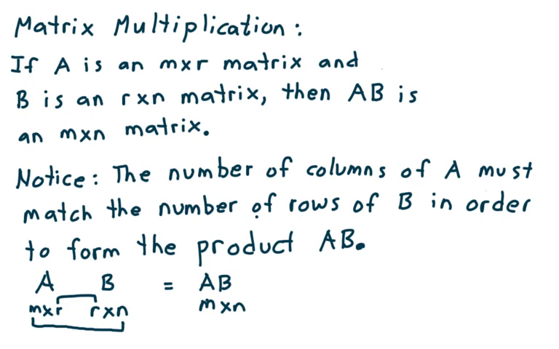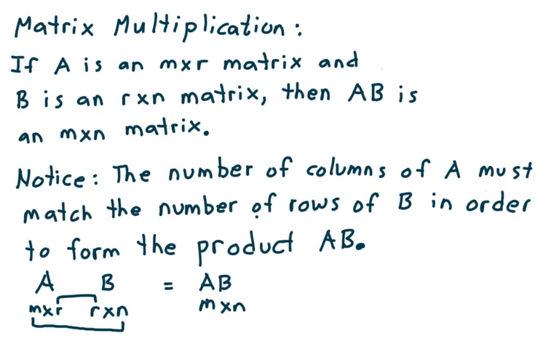Now, let's talk about matrix multiplication. If A is an M by R matrix and B is an R by N matrix, then A times B is an M by N matrix. Notice, the number of columns of A, the first matrix, must match the number of rows of B, the second matrix, in order to form the product A times B. So notice how the R's match, right?